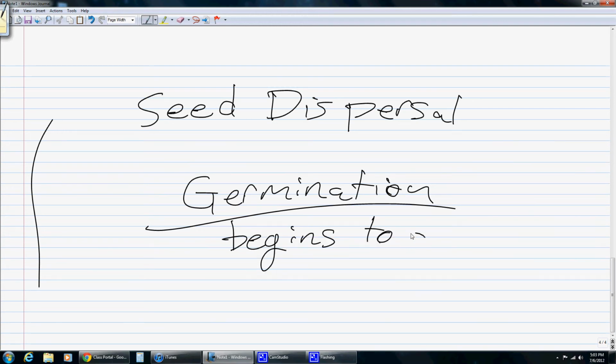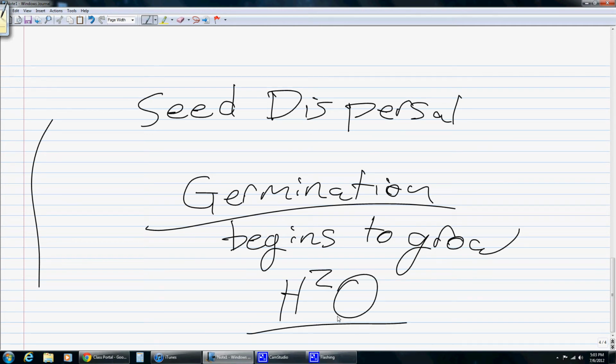And how does it know when to do this? Well, it waits for a lot of H2O. It waits for water. Now the whole thing is plants are very careful about when they start to germinate, because if they germinate too early, the big problem they run into is it could get really cold and they could die. That's in the season.